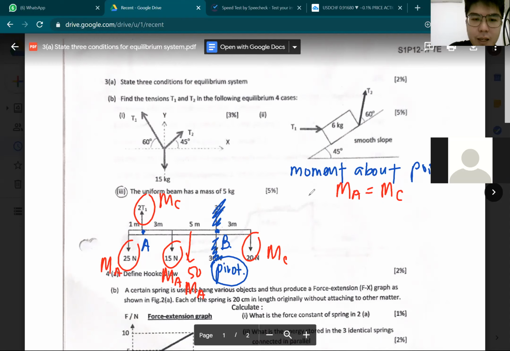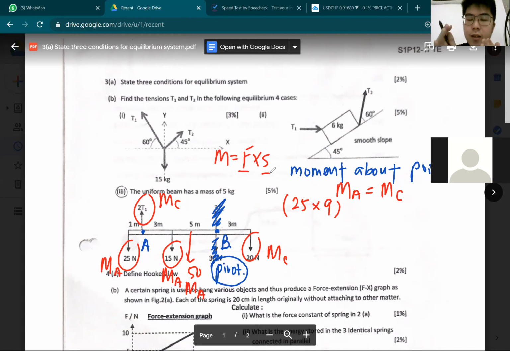Now MA one by one. 25 first: 25 Newton times the distance from the pivot. So it is 5 plus 3 plus 1, so 9 meters. Right? Remember the formula, moment equals force times distance from the pivot, and the force and the distance are perpendicular, 90 degrees to each other.